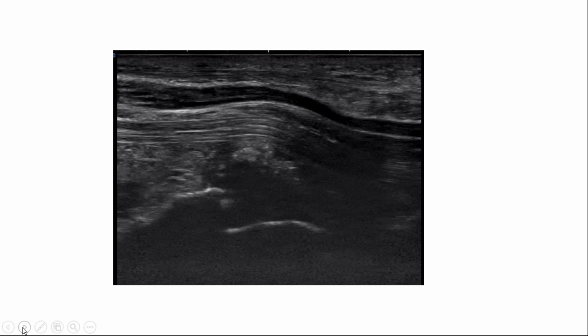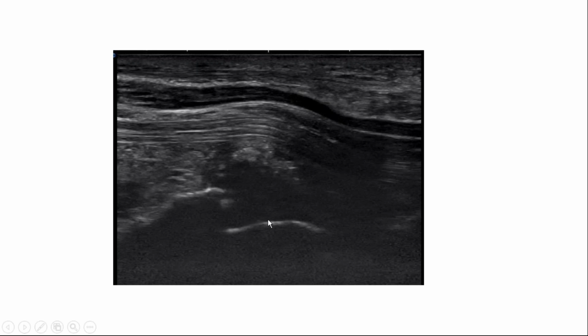So that's that. Okay, so here you can say that there is a diffuse hypoechoic signal on the volar aspect of the wrist joint with hyperechoic areas within it, suggestive of synovial hypertrophy or a soft tissue mass with some type of deposit, could be gouty or calcific. Clinical correlation is recommended.